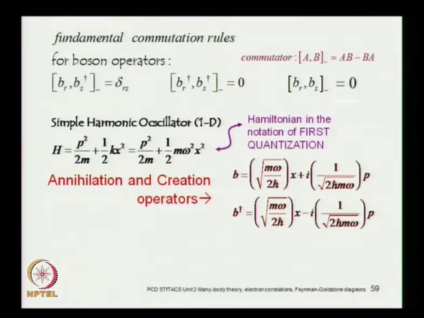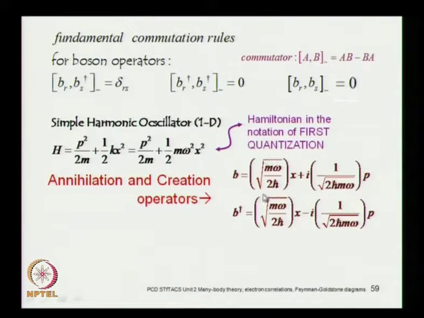Now what we do is to introduce creation and destruction operators. Destruction operators are also often referred to as annihilation operators, it is the same thing, and these operators are defined in terms of the operators x and p. So these are linear superpositions of x and p.